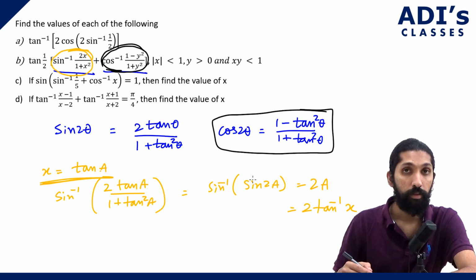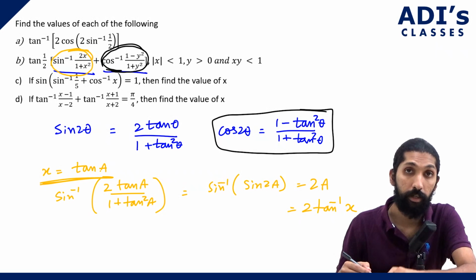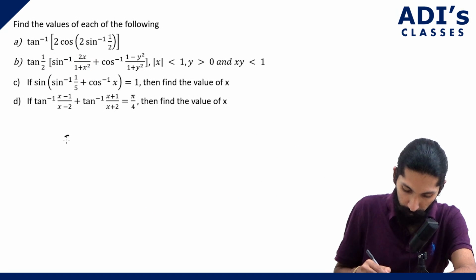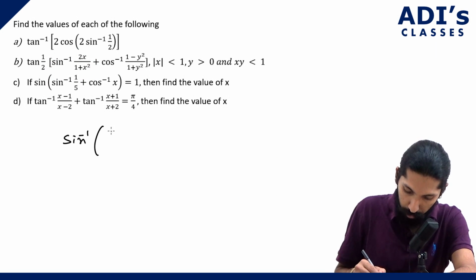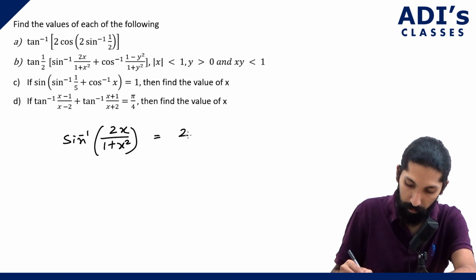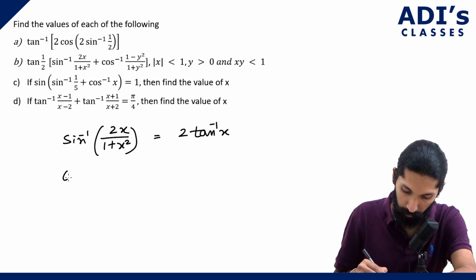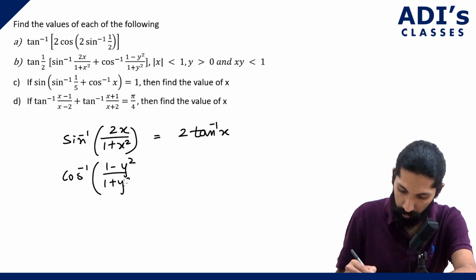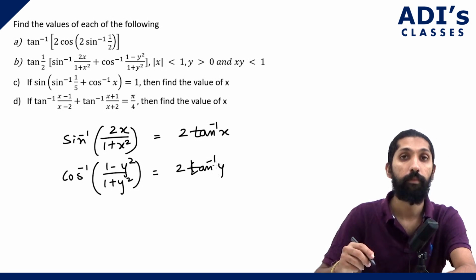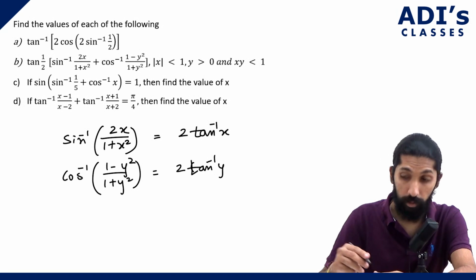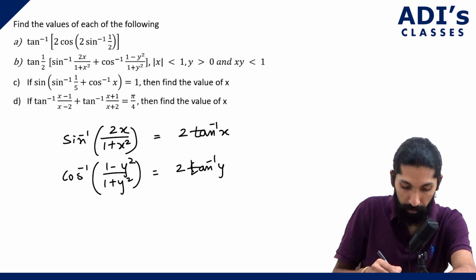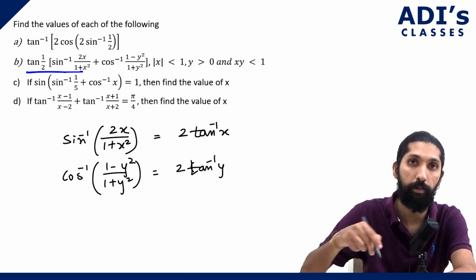So the first value, sine inverse of 2x by 1 plus x square, becomes 2 tan inverse of x, and cos inverse of 1 minus y square by 1 plus y square becomes 2 tan inverse of y.